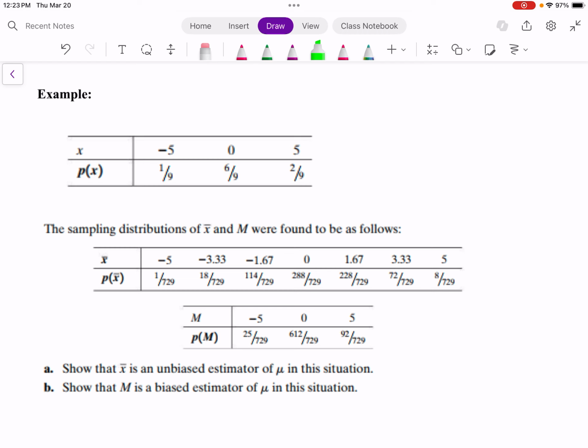How are we going to know? A sampling distribution must have a statistic. Your variable is a statistic, and statistic means your variable must be x bar or m, s square, s, or p hat. So if you find a table with x bar, m, those are sampling distributions.